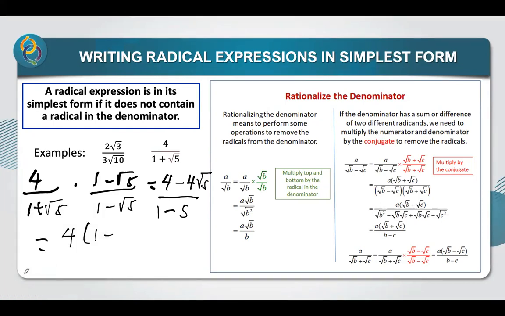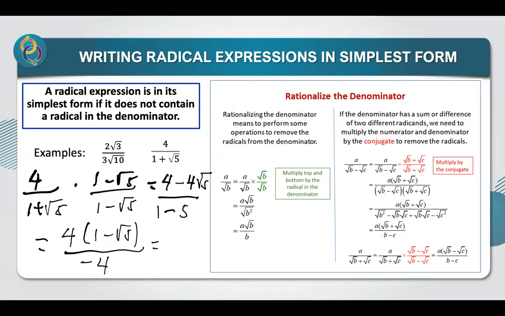So 4 times 1 minus the square root of 5, before even distributing, divided by 1 minus 5. What's 1 minus 5? -4. Yes, that's -4.